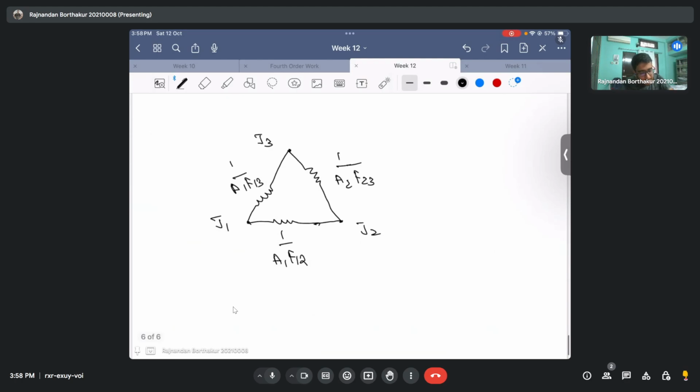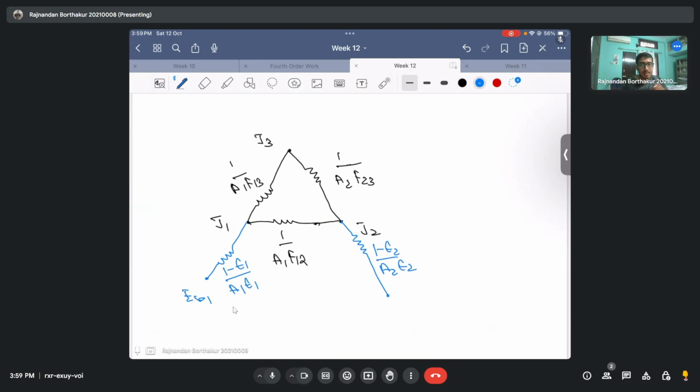Now, since surface 1 and surface 2 are non-black bodies, I will have 2 extra resistances, the surface resistances corresponding to surface 1 and surface 2 in terms of their emissivities. So there is one more resistance from EB1, which is (1 minus epsilon 1) by A1 epsilon 1, and this one is (1 minus epsilon 2) by A2 epsilon 2.